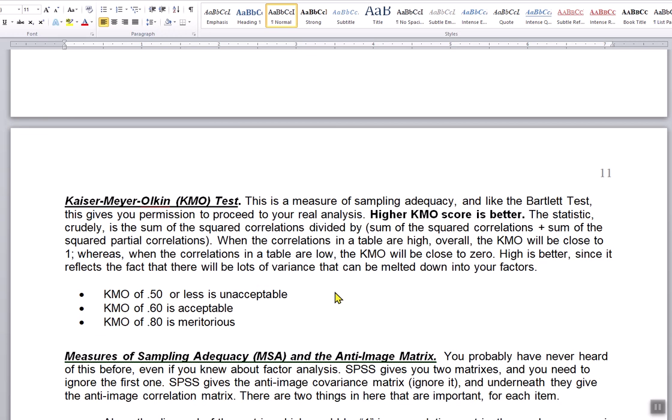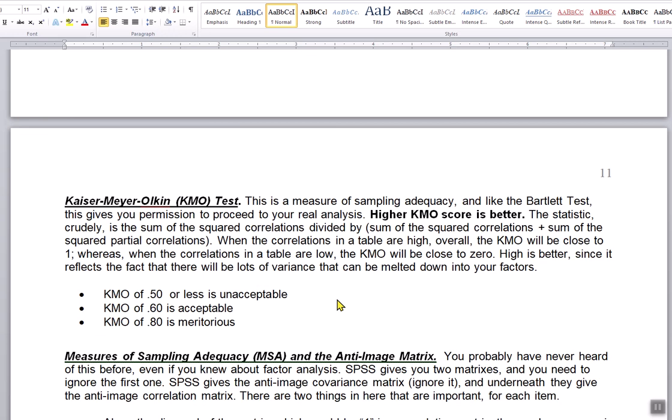So this statistic, crudely speaking, is the sum of the squared correlations divided by the sum of the squared correlations plus the sum of the squared partial correlations. I'm not going to do the formula here because it's not really that important. But when the correlations in a table are high overall, the KMO will be close to 1.